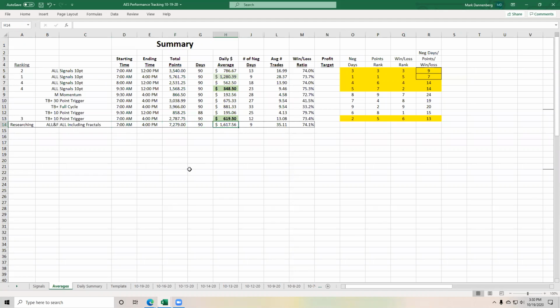But you can see here that if you wanted to trade starting at 7 a.m. Eastern and until we stop trading, which can be anywhere between 3 and 4 p.m. Eastern, then based on 90 days of history, no guarantee going forward, it would imply the potential opportunity of $1,600 of profit per day per contract. And if you want to trade 2 contracts of that, it ends up being a pretty significant number. That's just straight line trading 1 or 2 contracts every day with no scaling from the personal trading plan.